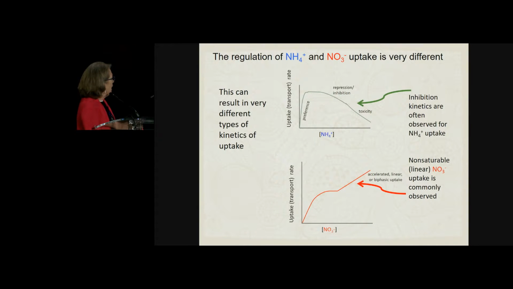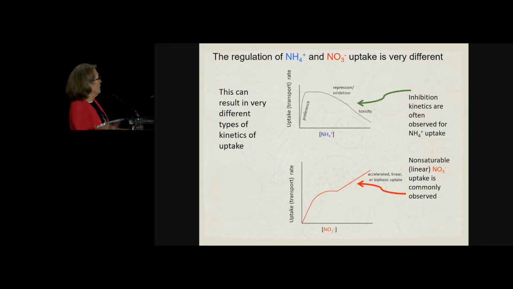On the one hand, we have a preference for ammonium at low concentrations. It's taken up very readily and probably more rapidly than nitrate. But as we increase ammonium, we run into this repressive range and at very high concentrations, toxicity.